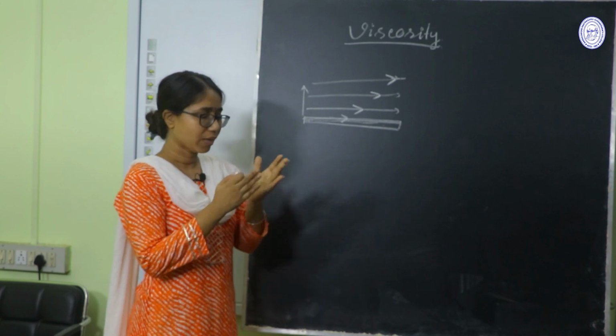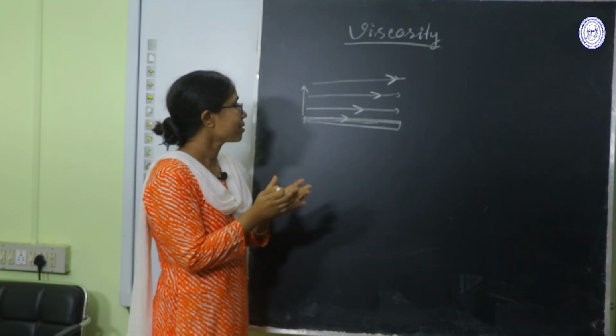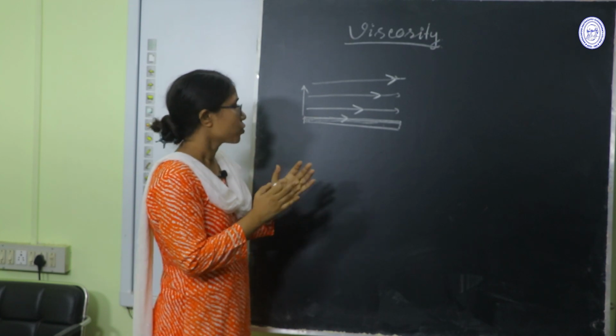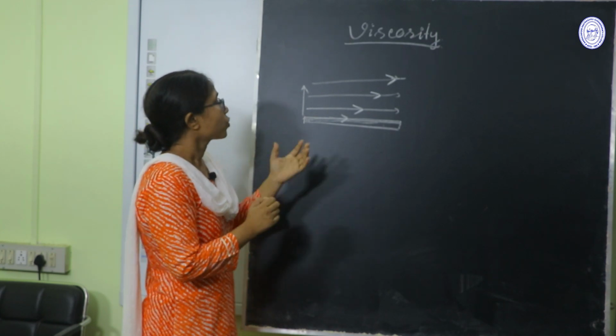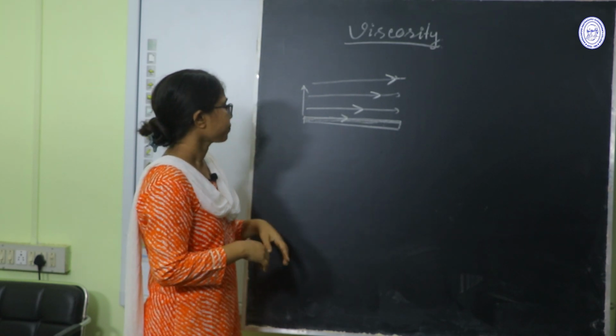But when the liquids or the gases, actually the fluids, are at rest, there is no relative motion. So, there is no viscosity. So, viscosity arises when the fluids are in motion.